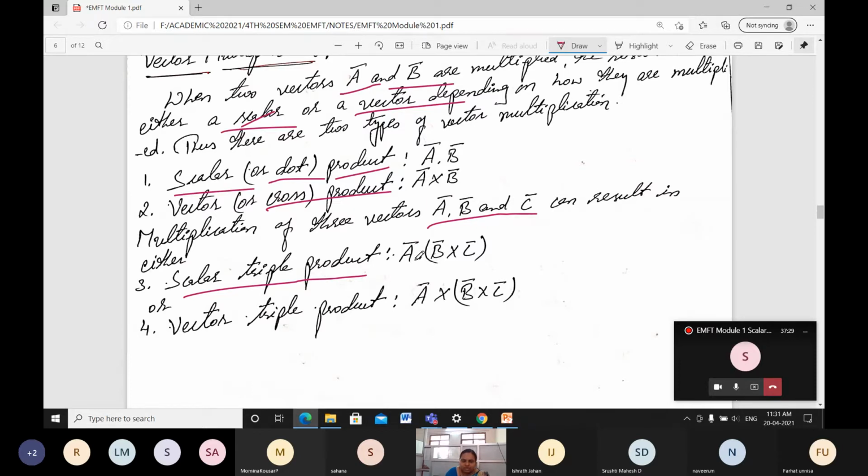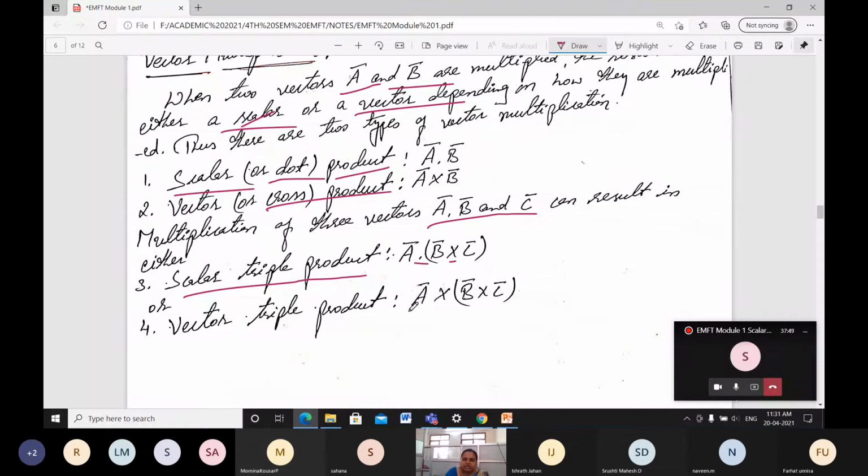Don't use A bar and all. Almost remember it as vector A dot vector B cross vector C. You have to tell it as dot and cross only. Then the second one is the vector triple product.